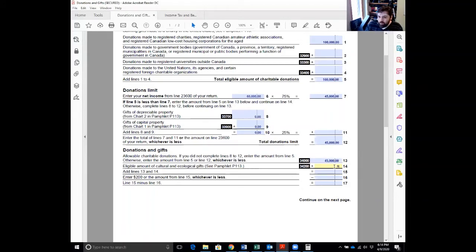Okay, we have 0 here. Add lines 13 and 14. So we're just filling this out here. Enter 200 or the amount from line 15, whichever is less. And now we arrive at 44,800.